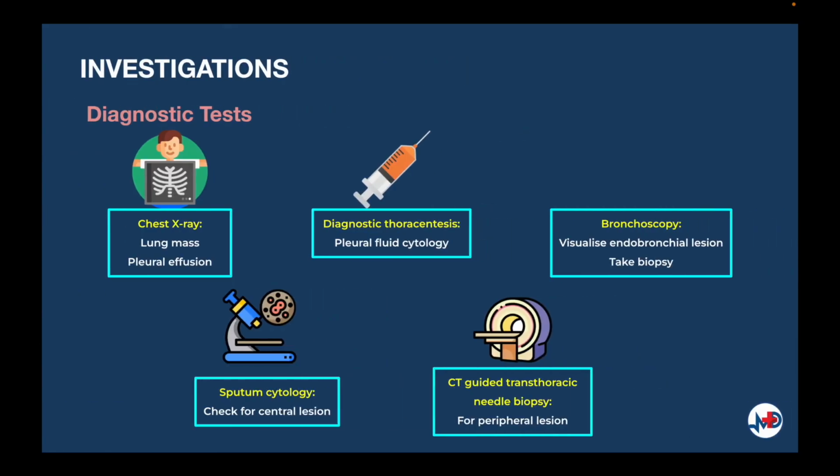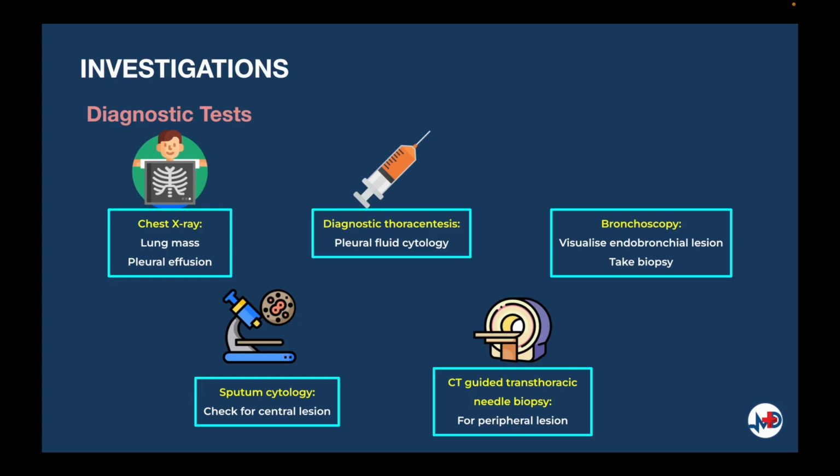So, how can we diagnose lung carcinoma? When lung carcinoma is suspected, a plain radiograph of the chest can be used to visualize if there's any lung mass or pleural effusion. Nevertheless, a normal chest X-ray does not exclude the disease. The diagnosis can only be confirmed by obtaining samples for histopathological examination. Depending on the location of the tumors, this can be done in several ways.